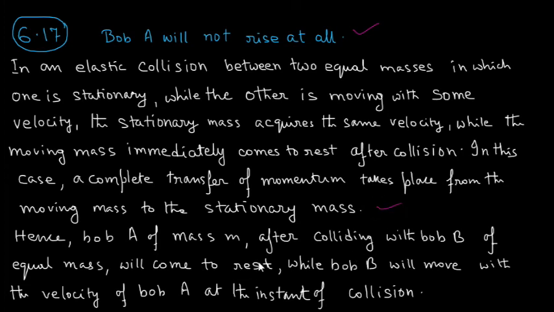Hence, bob A of mass m after colliding with bob B of equal mass will come to rest while bob B will move with the velocity of bob A at the instant of collision.